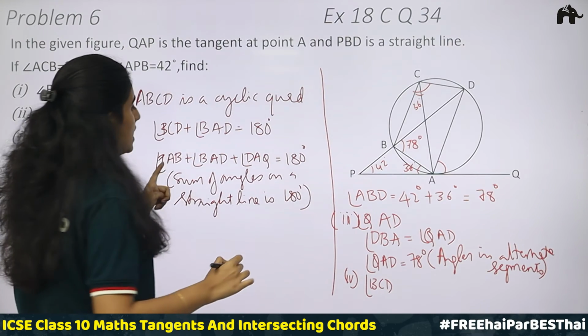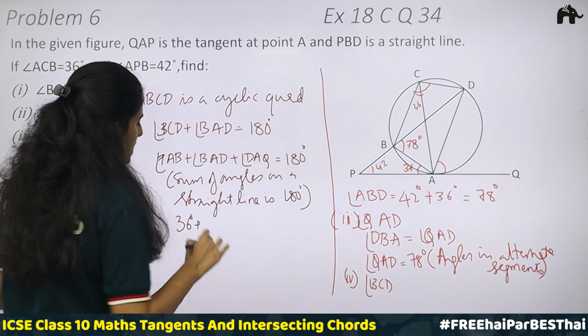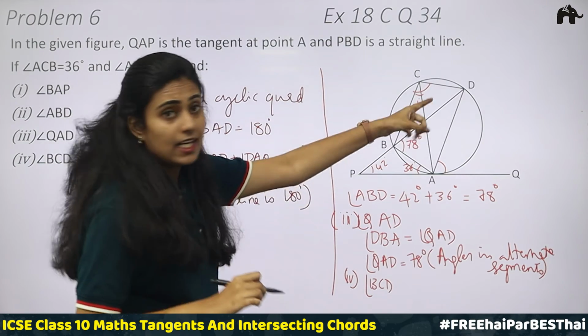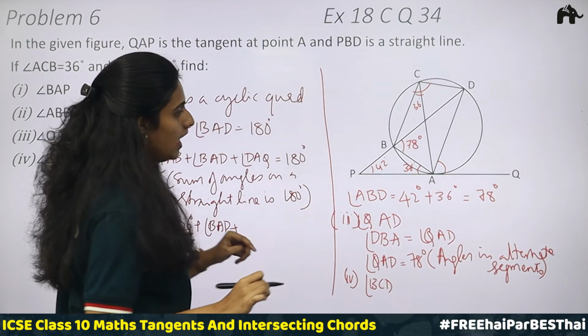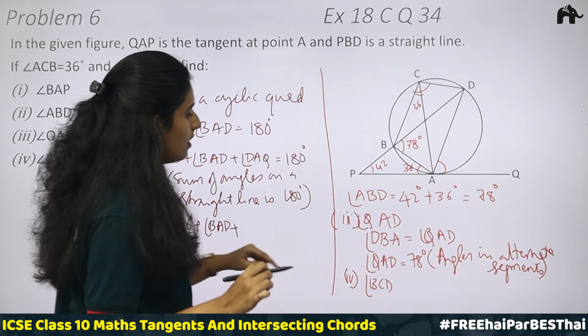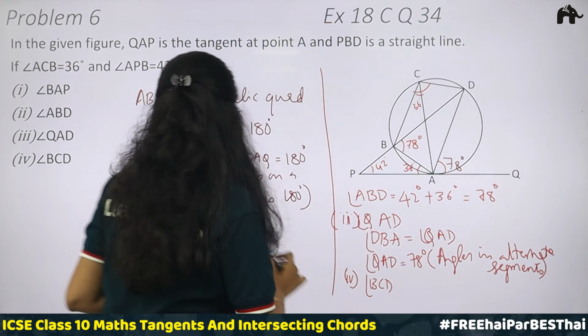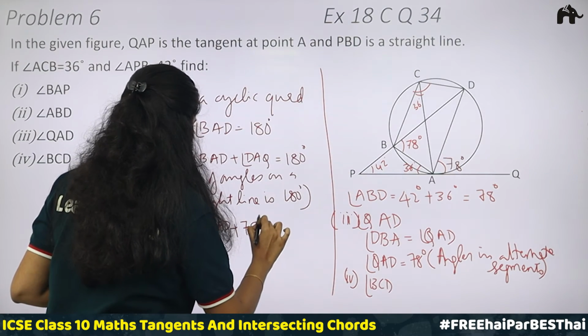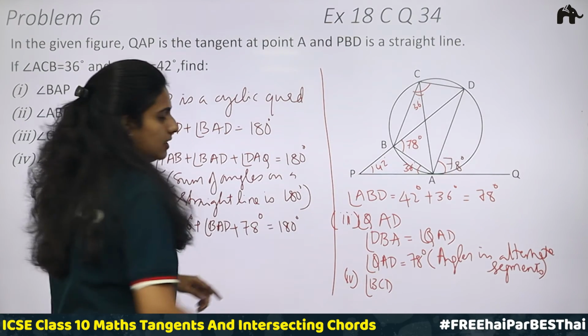Now put the values. PAB is 36 degrees, plus BAD, which we have to find, plus DAQ or QAD that we have determined, which is 78 degrees, is equal to 180 degrees.